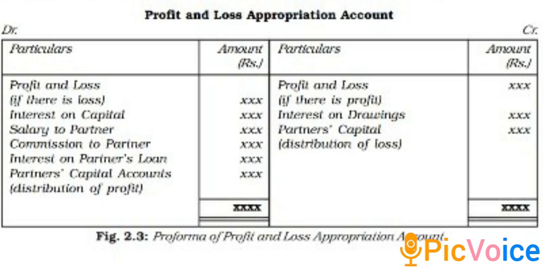This loss again we will distribute between the partners and transfer to the partners' capital accounts. So the exact meaning is that the profit and loss appropriation account is merely an extension of the profit and loss account of the firm. It is very easy, we have to revise it, then we can understand correctly.